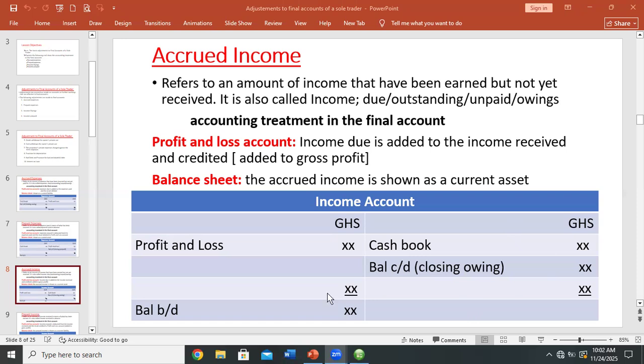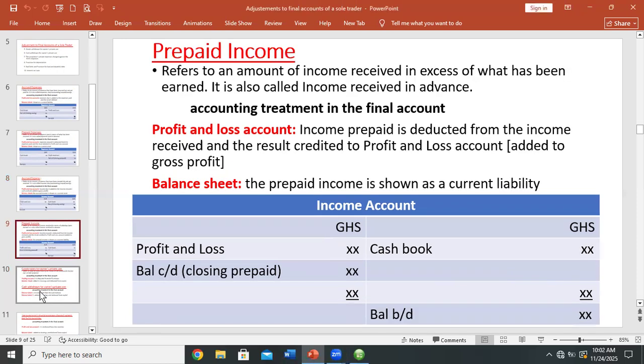Okay, let's look at the last one, which will be the prepaid income. I think another gentleman will do that. That's Prof. Michael Ajimai, who will do the prepaid income for us. Prof, please, let's hear you.